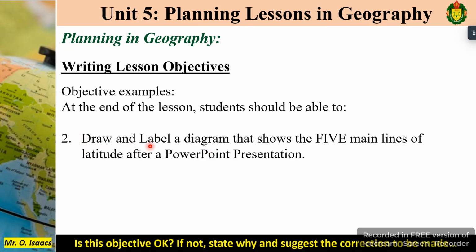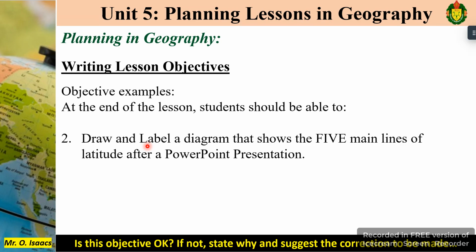Number 2, draw and label a diagram. So it says draw and label a diagram that shows the 5 main lines of latitude after a PowerPoint presentation. So we have the audience, the student, but here we have 2 verbs. You should never use 2 verbs in your objective.